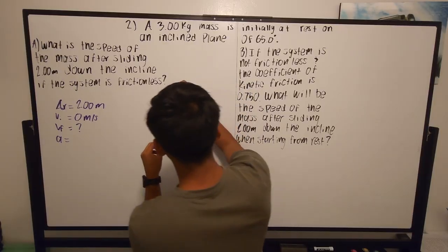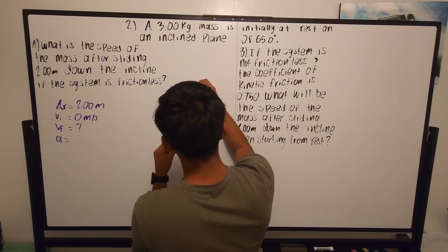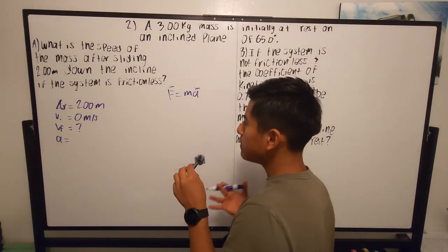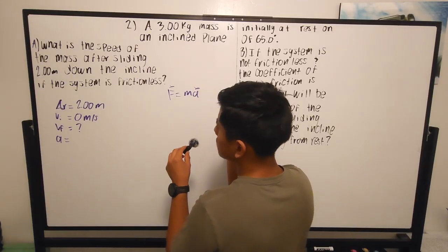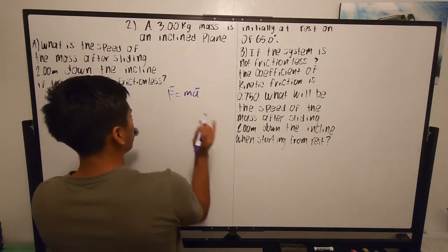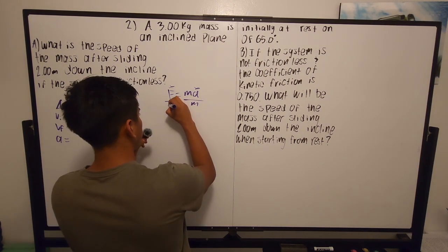So by Newton's second law, we have the force equals the mass times the acceleration. Since we only have one force that really matters here, I'm not going to write the sum there. The only force is the force of gravity. First of all, I'm going to isolate for a because that's what I want.